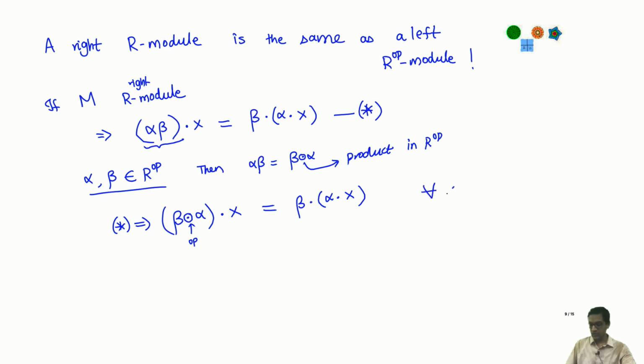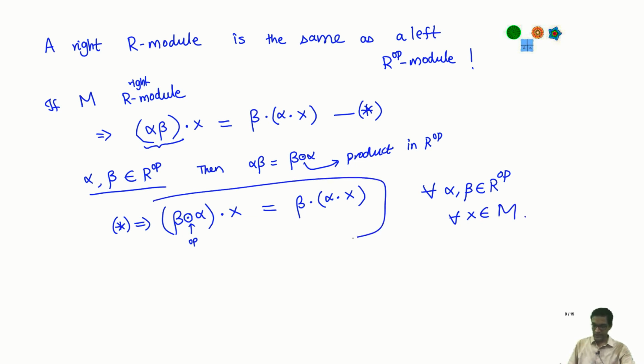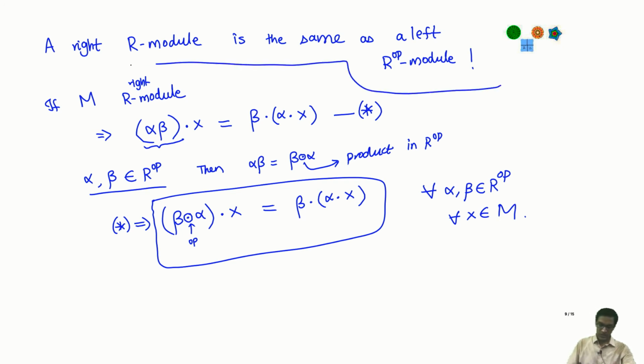This holds for all alpha, beta in the ring R, which is the same set as R op, and for all X in the module M. So this new identity just means that if I consider M as an R op module rather than as an R module, then it becomes a left module over R op. This is the key statement here.